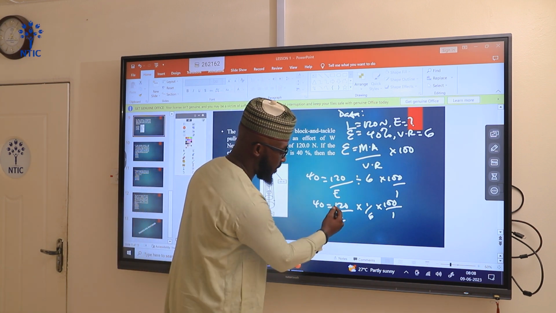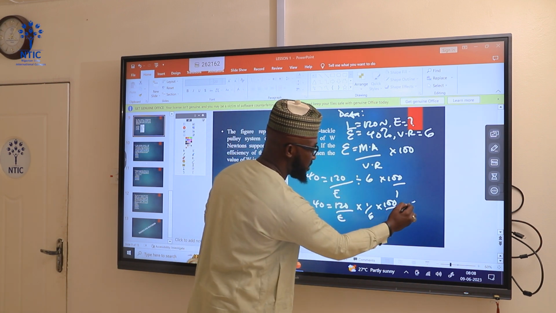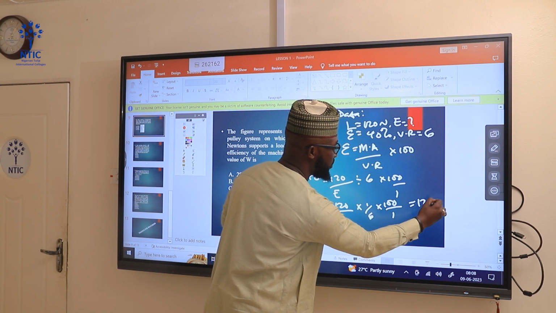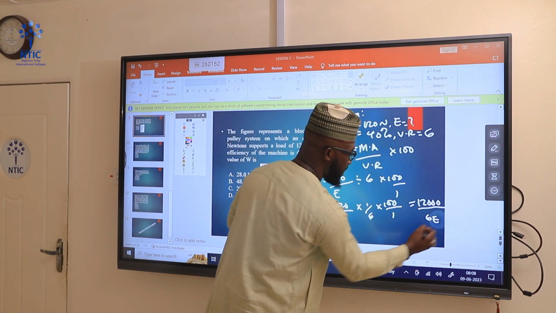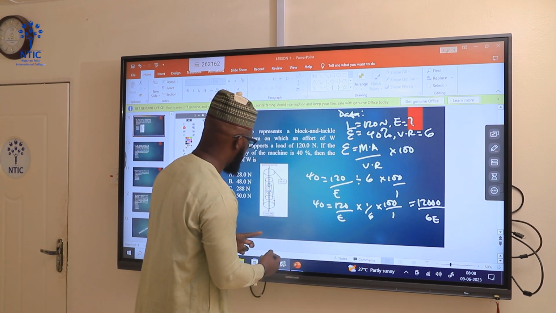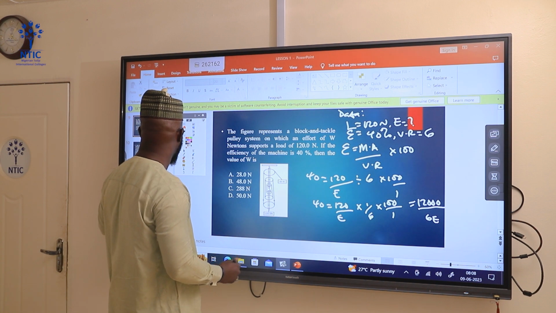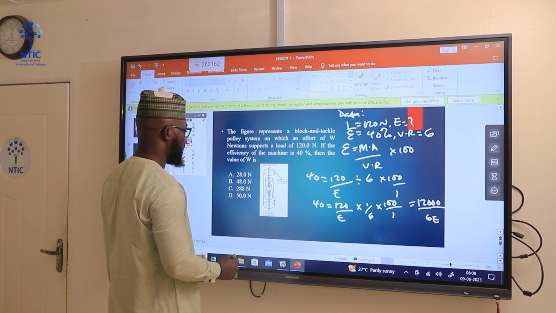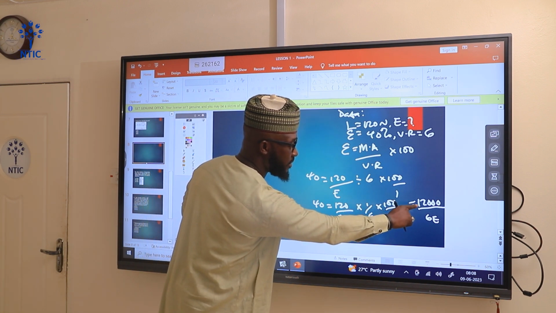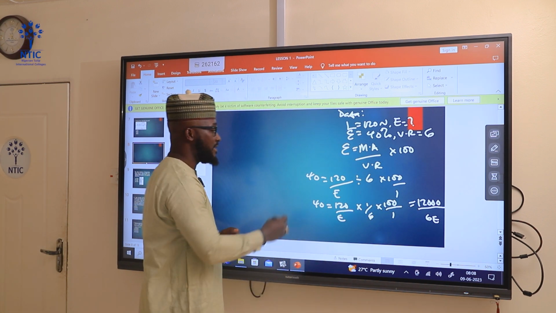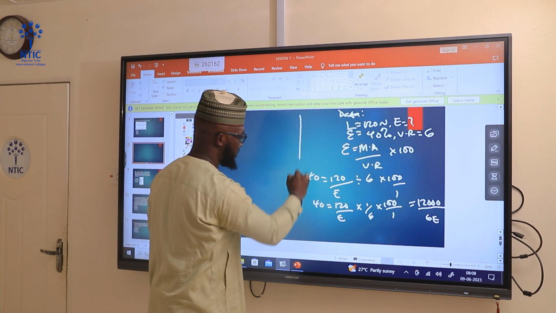Now by so doing, we are going to have 120 times 1 times 100, which will give us 12000 all over 6 times E will give us 6E. But remember, we have to cross multiply. So let's use another slide for that. Okay, so here we have 12,000 all over 6E. So I'm going to continue on this side.